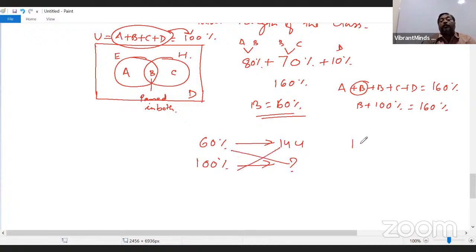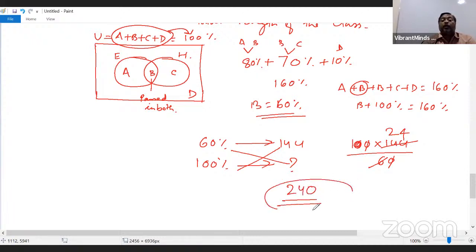Cross multiply. 100 into 144 by 60. 0 by 0, 6 by 6, 2s are 12, 24, 6 4s are 24. Your answer will be 240.